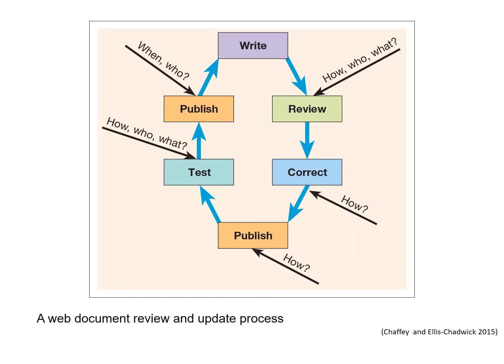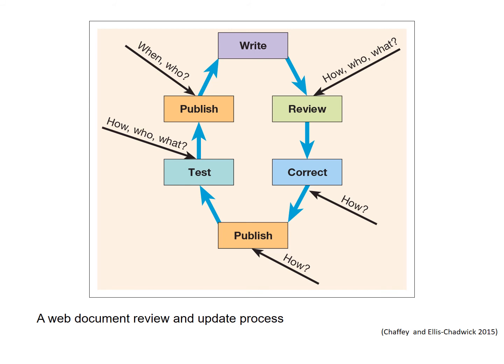So if we think about a web document review and update, in terms of writing your document, say you're adding a new product range, then what is the width, the breadth, and the depth of that product range? What is going to be the content, the terms and conditions, and so on and so forth? What are going to be the different variations, sizes, and colors?